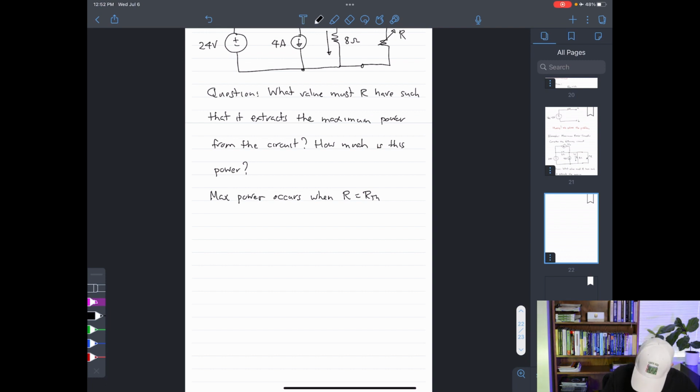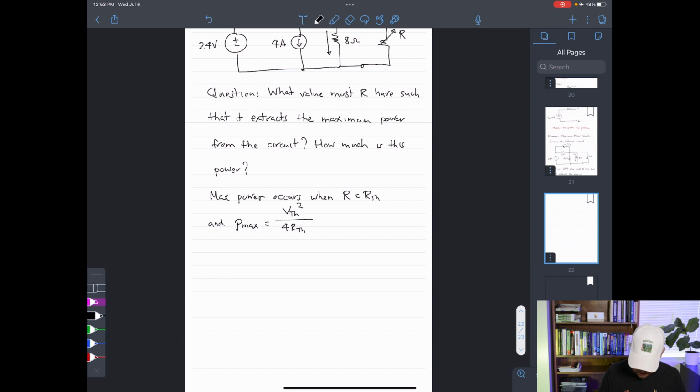And the maximum amount of power itself is the Thevenin voltage squared divided by 4 times the Thevenin resistance. These are results that we had established previously, and they're results that we're going to use.